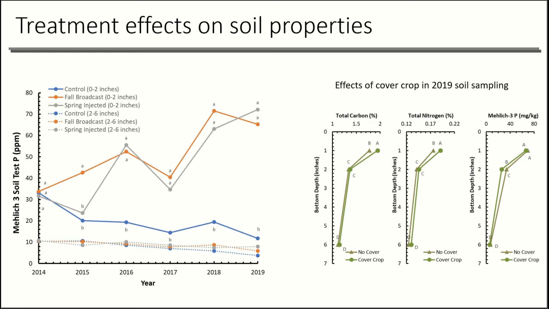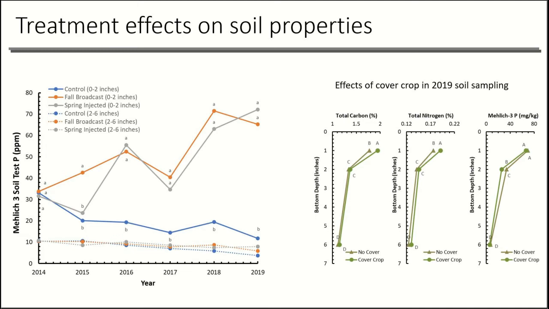No impact on soil test phosphorus in the very near surface. If you get down to the 1 to 2 inch depth, there was a slight decrease in soil test phosphorus where there was a cover crop, but not any substantial impacts on soil test phosphorus, not nearly like what we see from the fertilizer treatment.